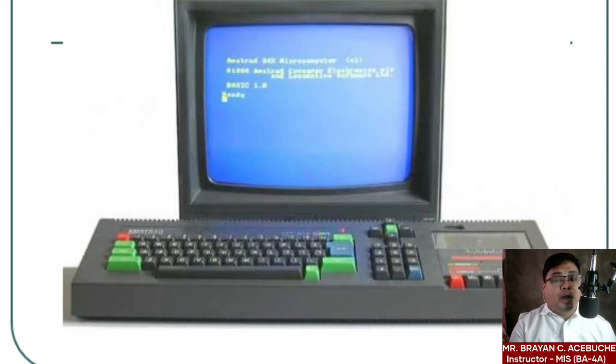Maybe you have watched traditional films or maybe classic films wherein computers during that time look like this. Diba? So actually, desktop computers, laptops, personal digital assistants, tablets and smartphones are all types of microcomputers. So the microcomputers are widely used and the fastest growing computers.